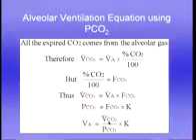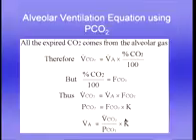It's desperately important. We're going to be using it extensively in the following lectures. What it says is that the alveolar ventilation is equal to the CO2 production divided by the PCO2. Here we're showing it as the PCO2 in the alveolar gas, but it turns out that in normal subjects, the PCO2 of the arterial blood is the same as in the alveolar gas.